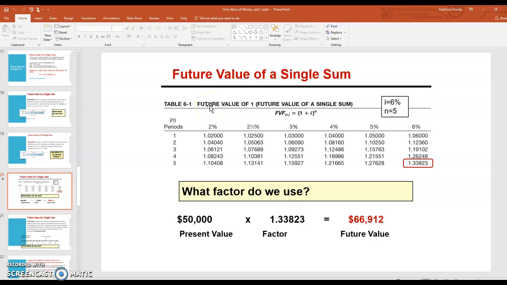Even if your table is called A or B or C or something, it should still say future value of 1. And so we take a look at our formula, which is going to be FV, that's what we want, equals the PV times table 1.